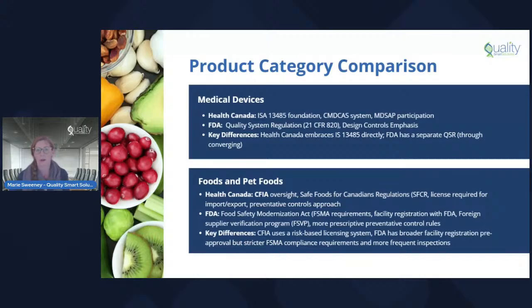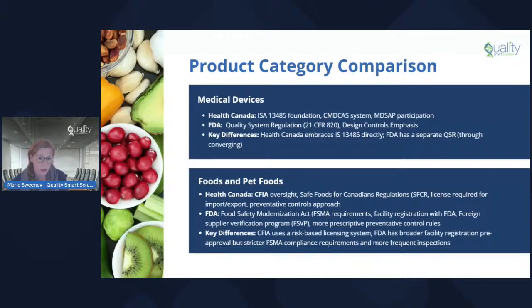The FDA is following the Food Safety Modernization Act requirements coming into full effect January 2026, unless we see things change. But currently, this is where we're at. Then we have facility registration with the FDA, foreign supplier verification programs, and more prescriptive preventative control rules on how you're going to deal with your PCP and HACCP.